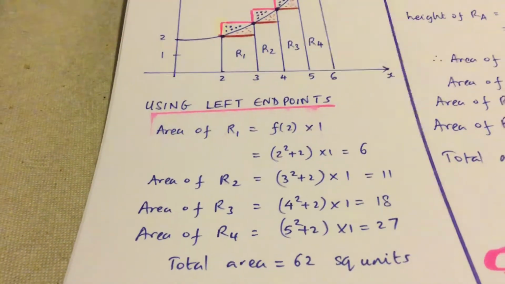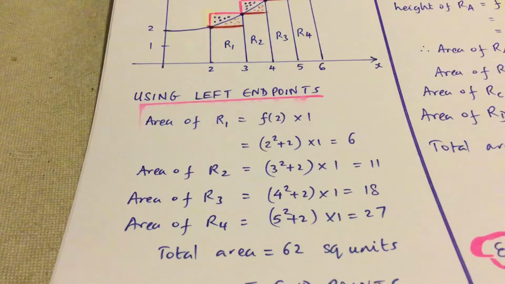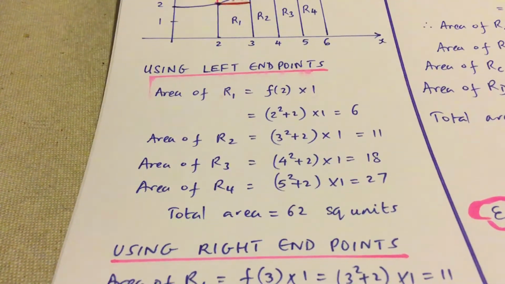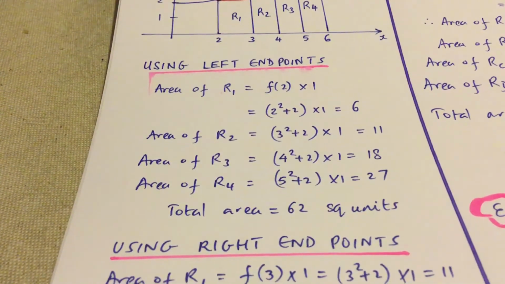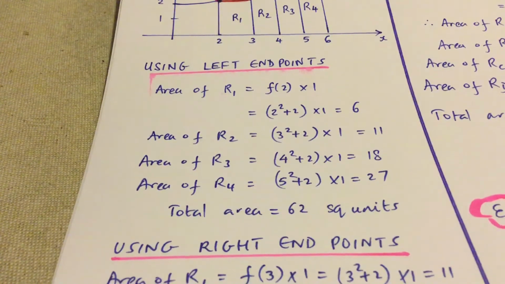Now, the second step will be to find the area of the rectangles using the right endpoints. If you look at the diagram again, rectangle 1 lies between 2 and 3. 3 is called the right endpoint.